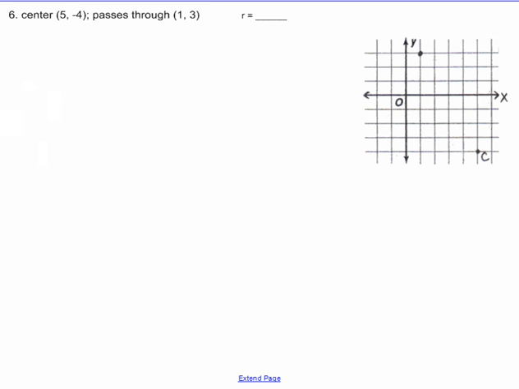One more. So I'm going to do the 1s here, 2s here. Remember the formula.